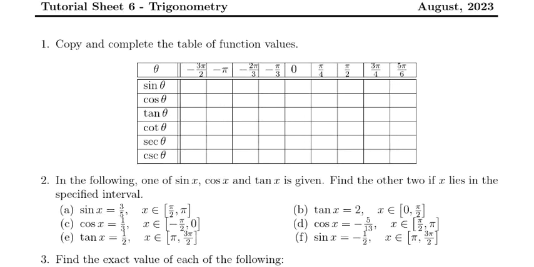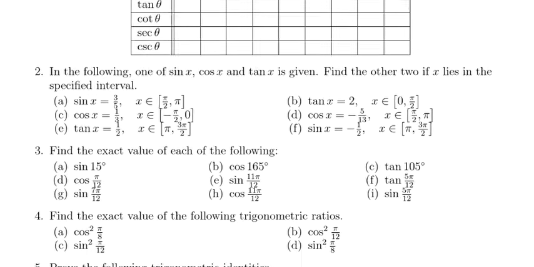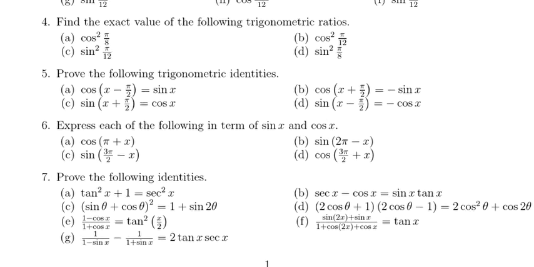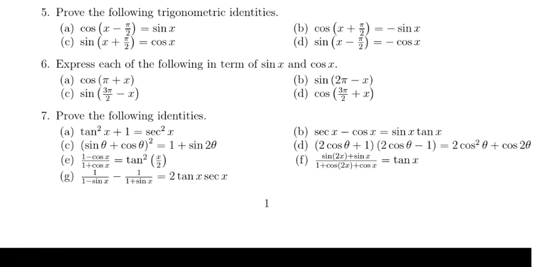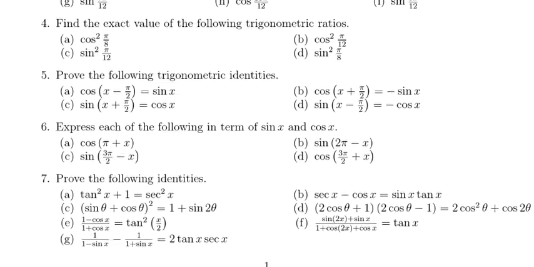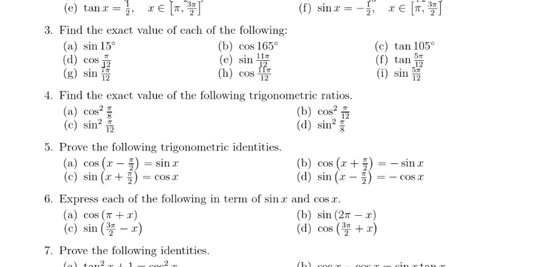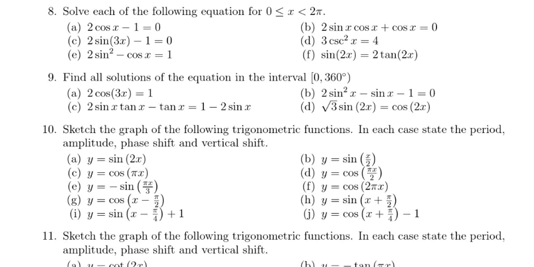So the question 1 is there, the question 2 is there, the question 3 there, the question 4, identities are also there. As you can see, questions 6 and 7 are based on identities. Double angles are also there. Okay, so you'll be able to understand the half angle principles as well, looking at question 4. And then as we go to question 8, you will also be able to understand how to solve trigonometric equations.